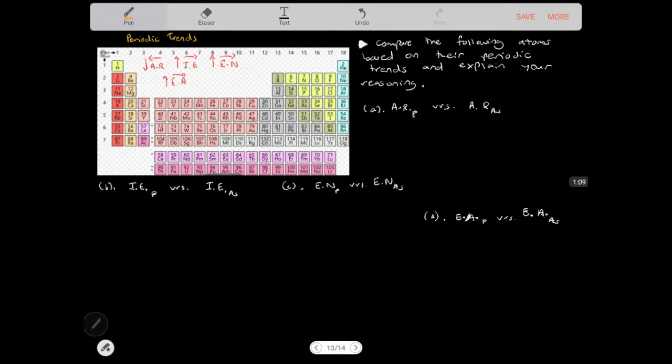Okay, so let's start with the atomic radius. According to this trend of atomic radius, phosphorus is 15, arsenic is 33. Arsenic is right below phosphorus in group 15. So in this case, we can say that the atomic radius of arsenic is greater than the atomic radius of phosphorus. We can imagine that the shell number of arsenic is greater than phosphorus. If the shell number is greater, there are more core electron shells present. If there are more core electron shells, then we have a higher impact of the shielding effect, which will cause electrons to be pushed further away from the nucleus.